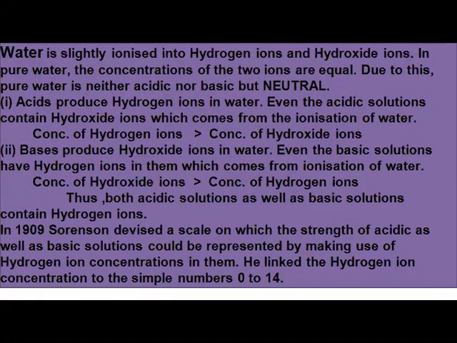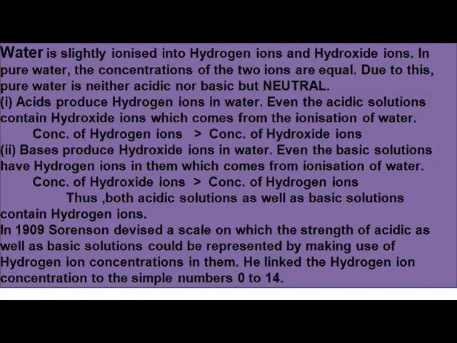When we consider water, water is slightly ionized into hydrogen ions and hydroxide ions. In pure water, the concentration of the two ions is equal. Due to this, pure water is neither acidic nor basic but neutral. As soon as we add acids in water, acids produce hydrogen ions in water and increase the excess hydrogen ions in water.